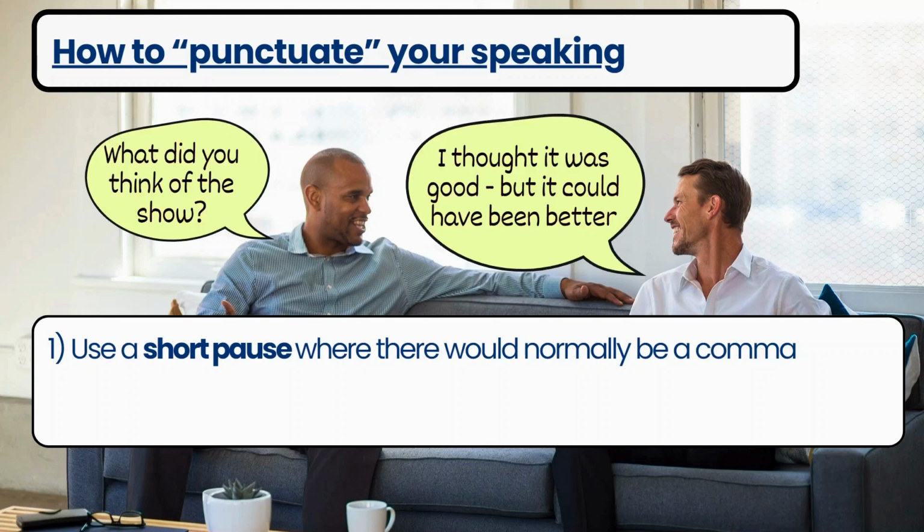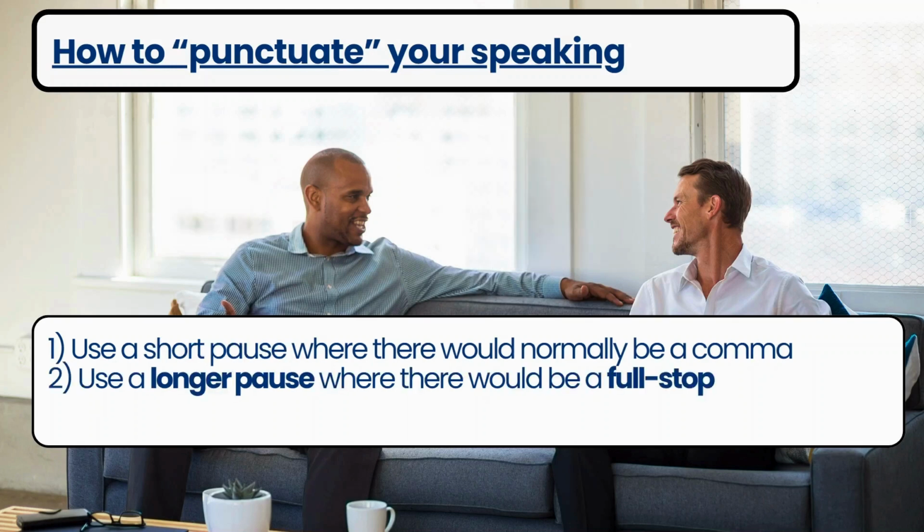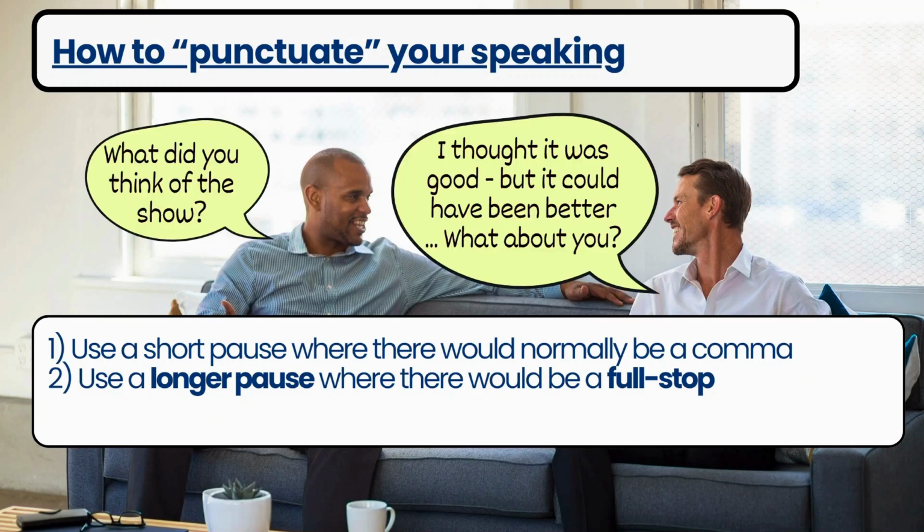For example, what did you think of the show? I thought it was good, but it could have been better. So there was a short pause between good and but, because we would normally put a comma in that position. Next, use a longer pause where there would be a full stop. For example, I thought it was good, but it could have been better.